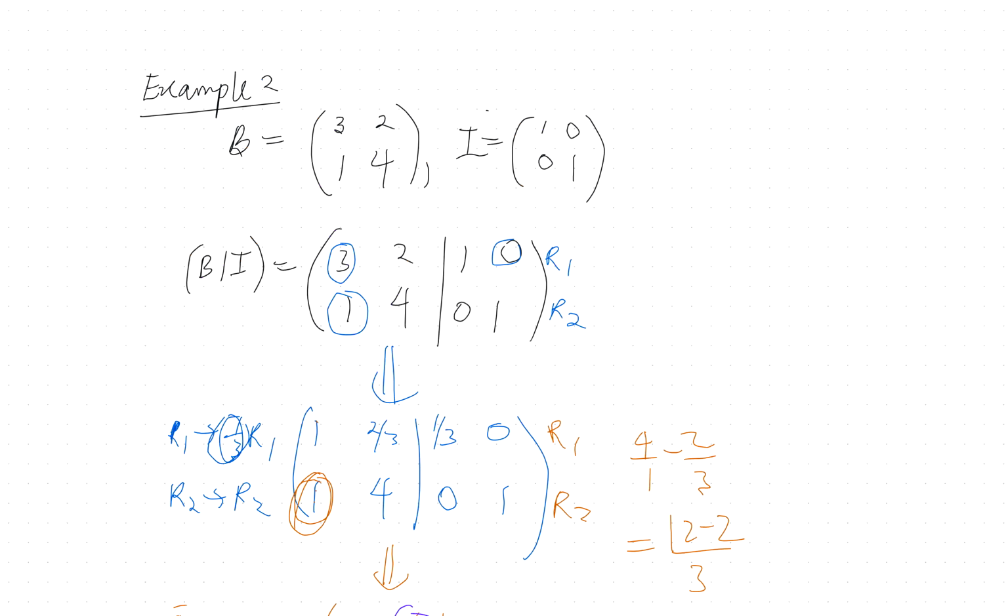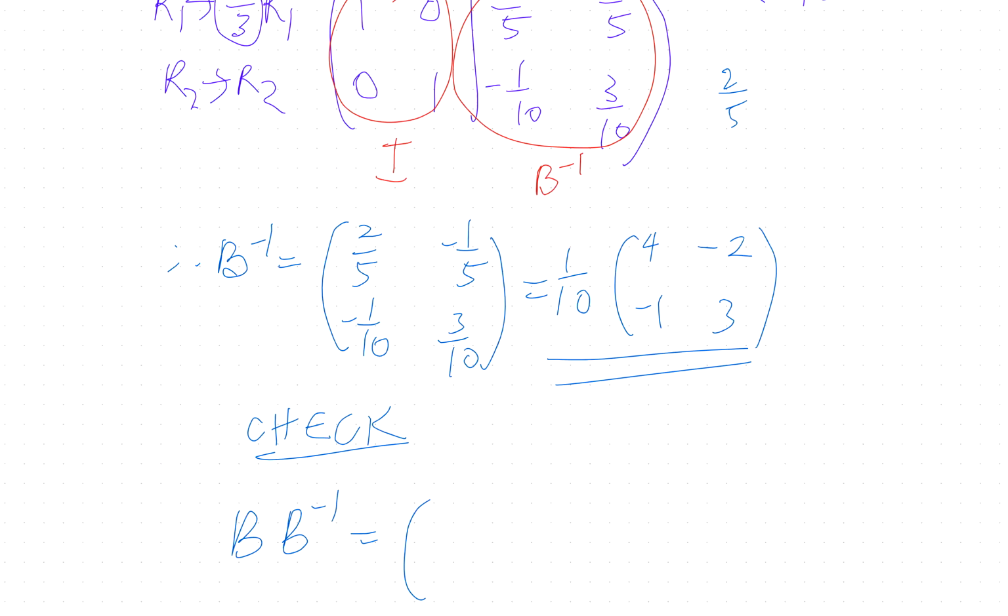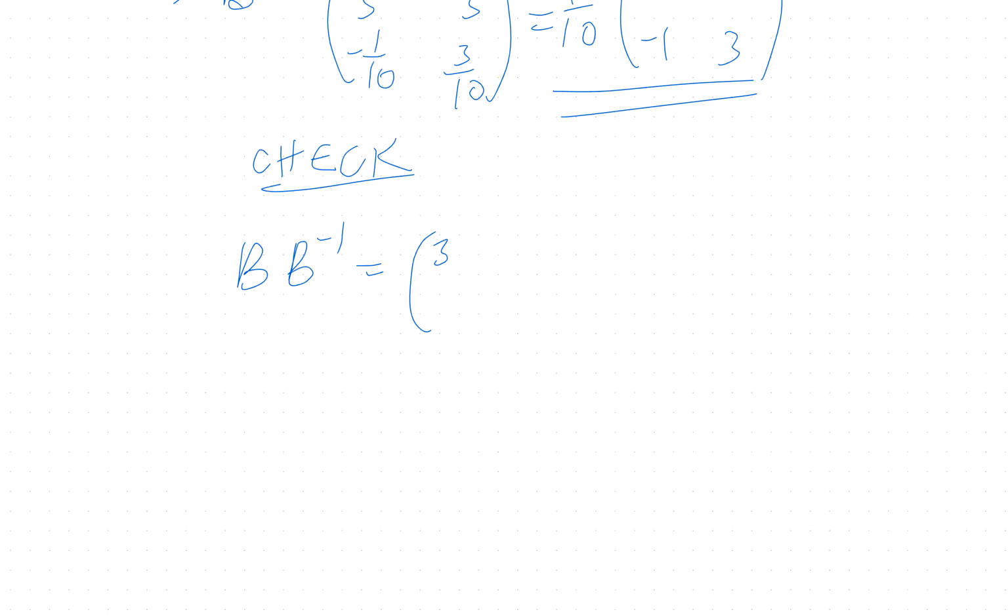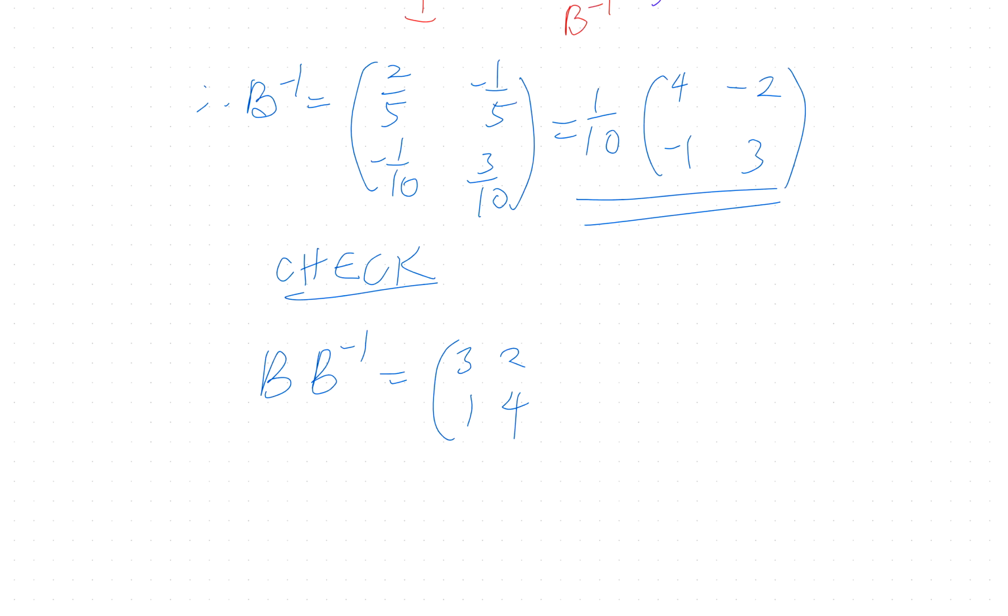And then the inverse is 1 over 10 into 4, minus 2, minus 1, 3.